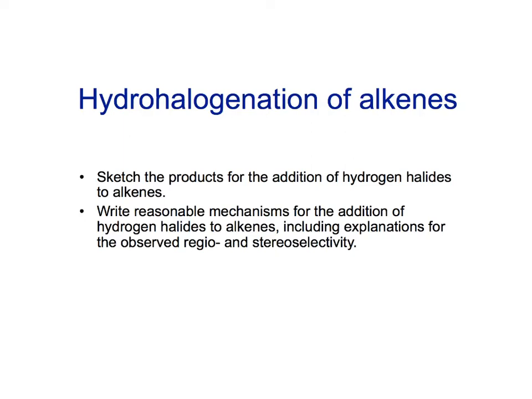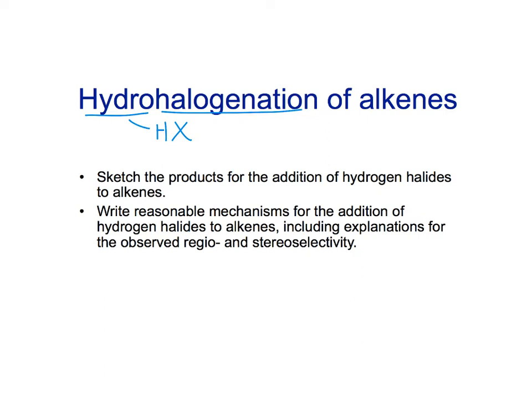In this highlight video, we are going to start talking about reactions of alkenes. Our first reaction will involve the hydrohalogenation of alkenes. Hydro just means H, halogenation, X, where X is either going to be bromine or chlorine.